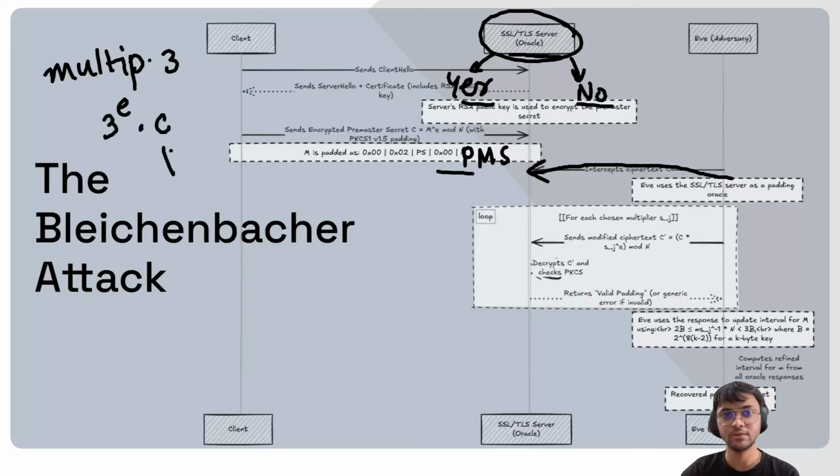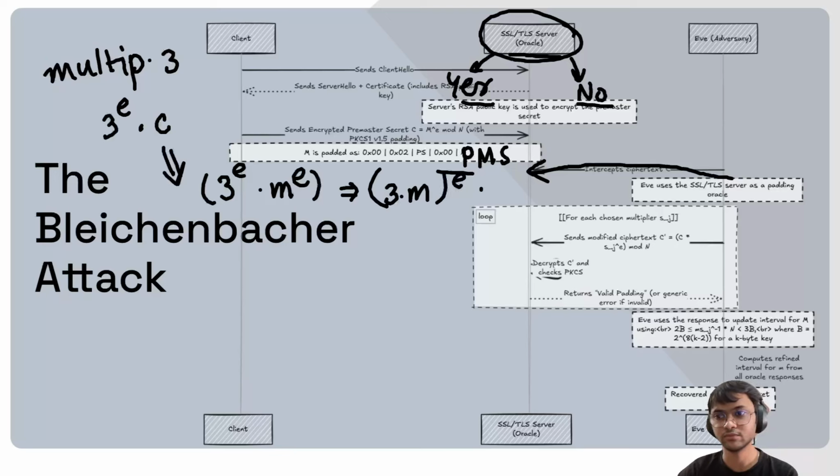This would be the same as s raised to e times m raised to e, which is the same as (s times m) raised to e mod n. Now, if the decryption oracle deciphers this for Eve, they're left with s times m, and Eve can now simply find out the m because they were the one who chose the multiplier.